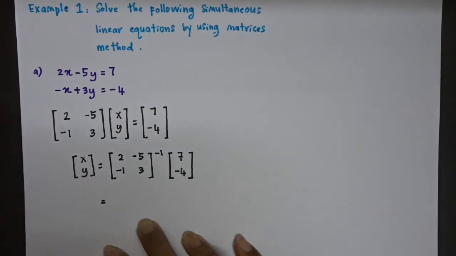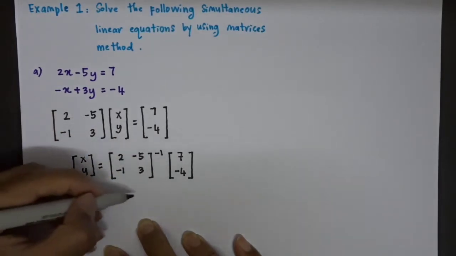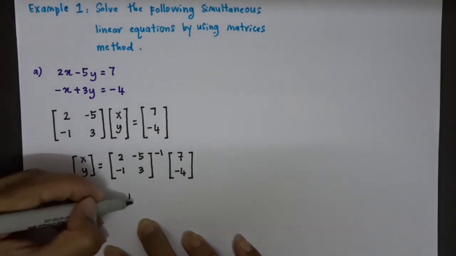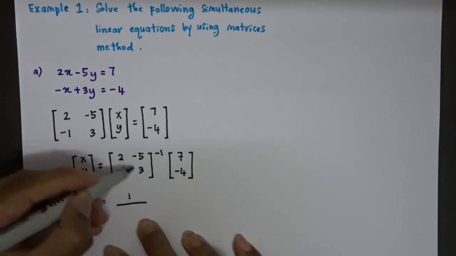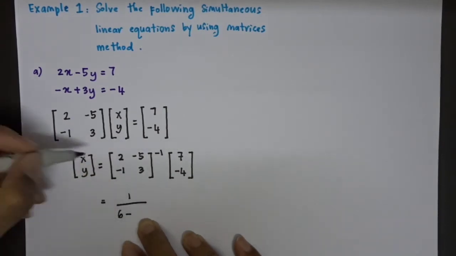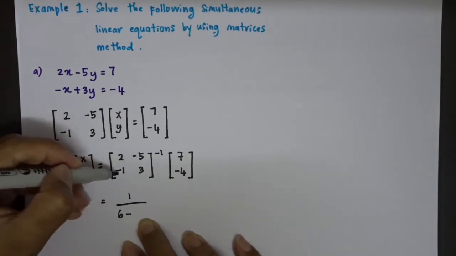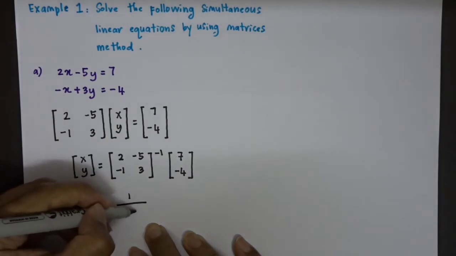You learned already how to find the inverse matrix. So the inverse matrix equals 1 over the determinant. 2 multiply 3, 6, minus negative 5 multiply negative 1, equals positive 5.